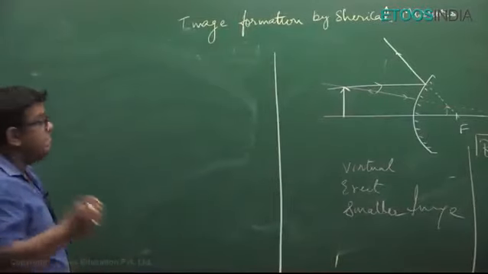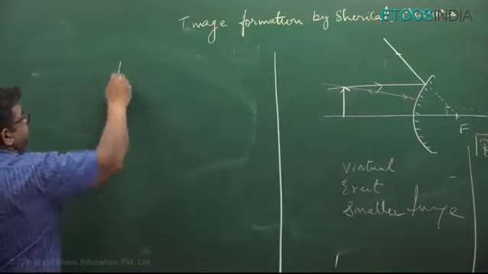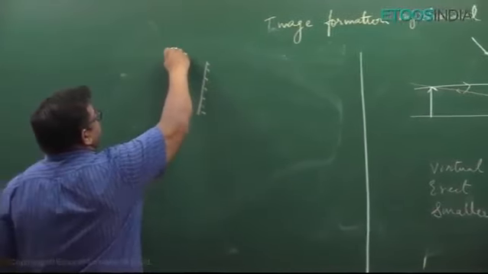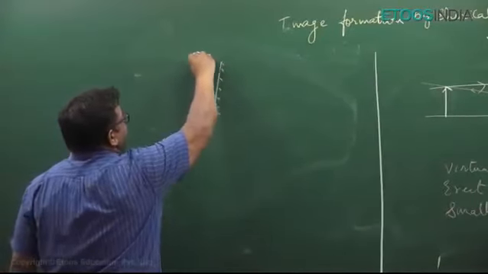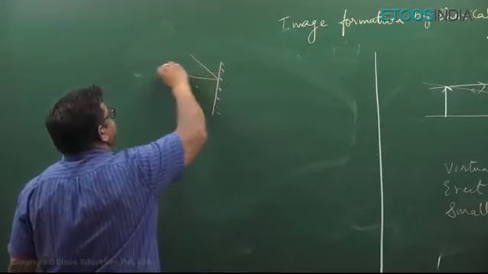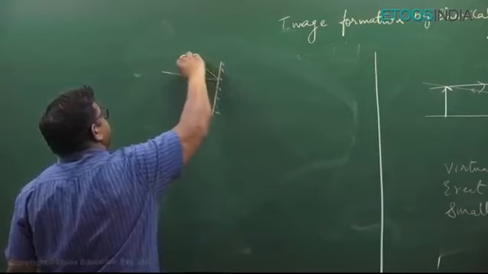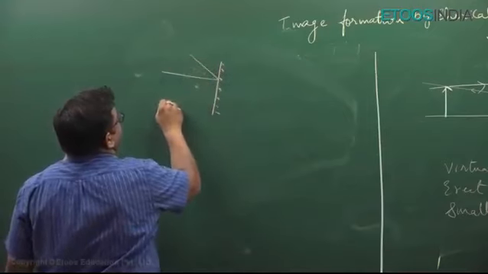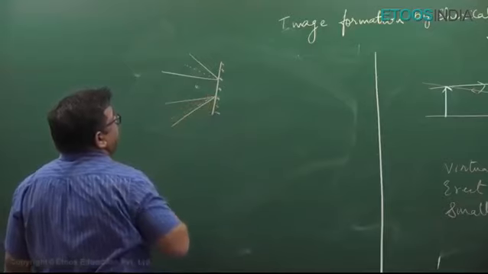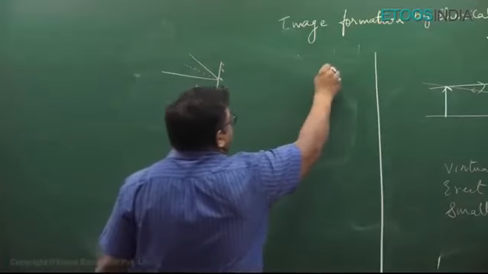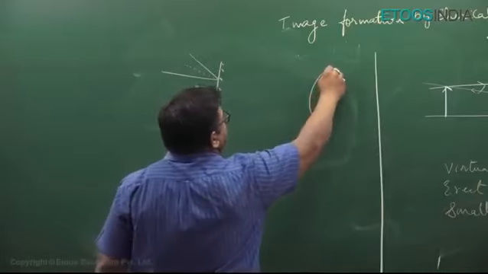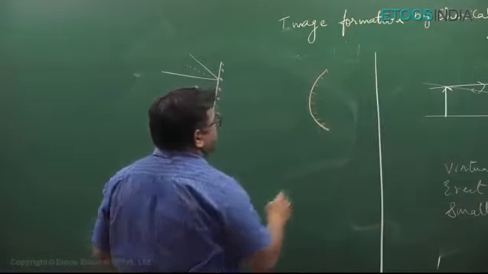Now, I was telling you, why cannot we use plain mirror? If we use a plane mirror, suppose I am watching from here, so the light rays will come and move like this. What if it is a mirror like this, and that is convex mirror?